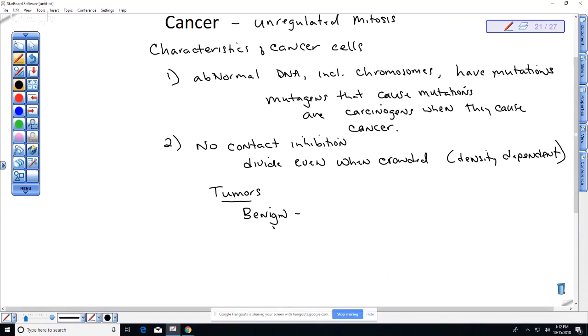So sometimes those will form, right? But if they're cancerous, what are they called? Malignant. Malignant means they are cancerous.